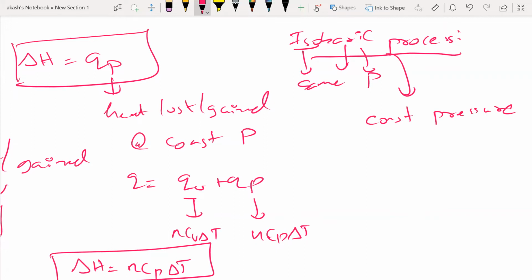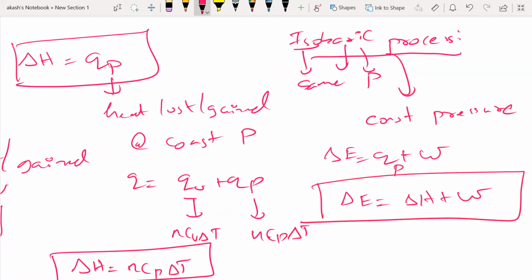Now we can write delta E is equal to Q plus W. Here this Q is now going to be QP, the heat lost or gained at constant pressure, which is nothing but delta H. So for an isobaric process, the equation will look like this: delta E is equal to delta H plus W.